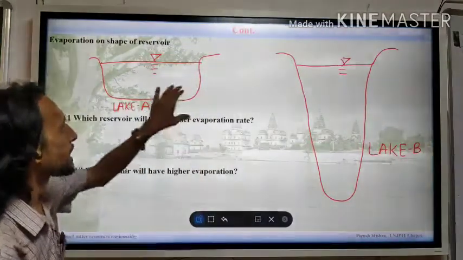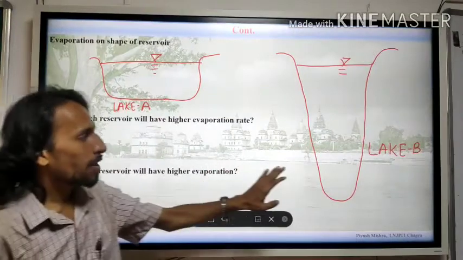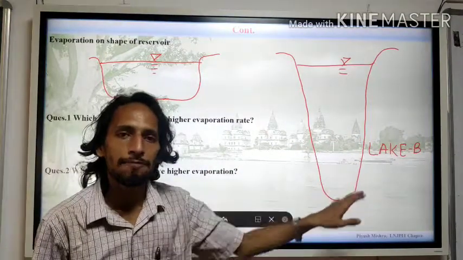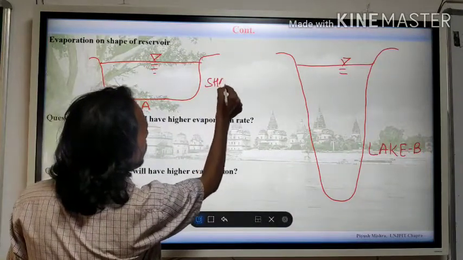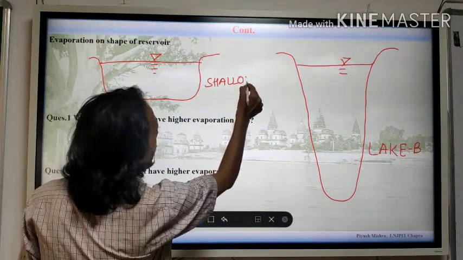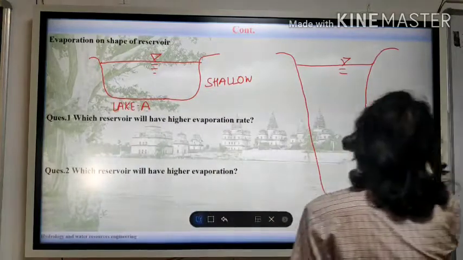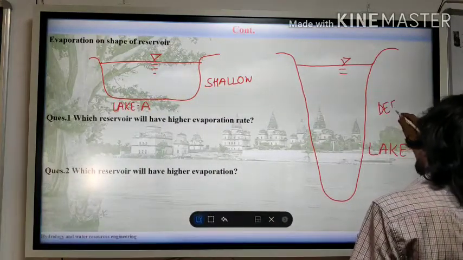One lake is like this, whereas the other lake is like this. This is a shallow lake, and this is a deep lake.